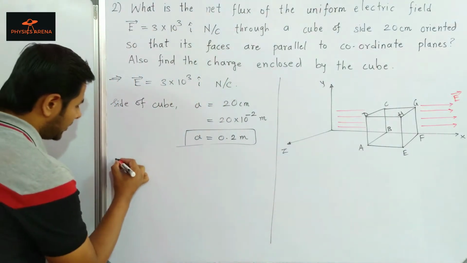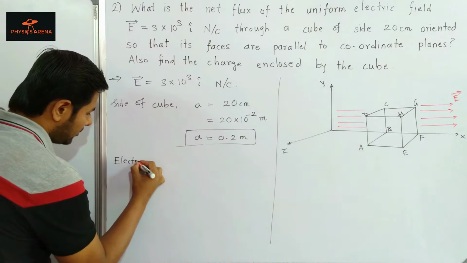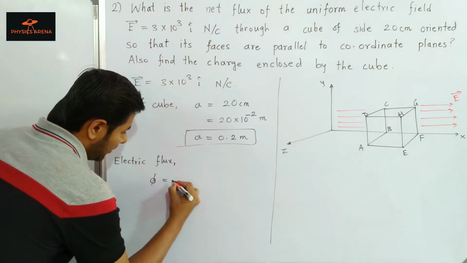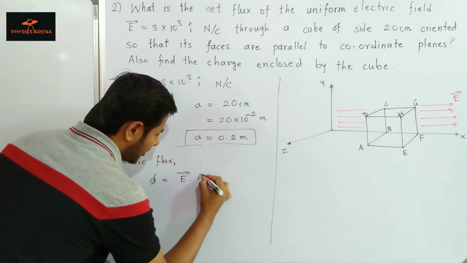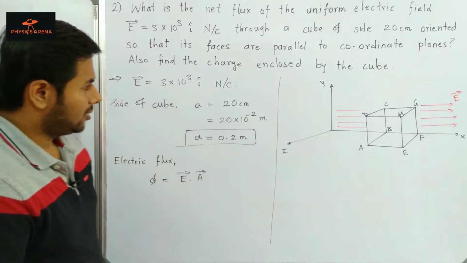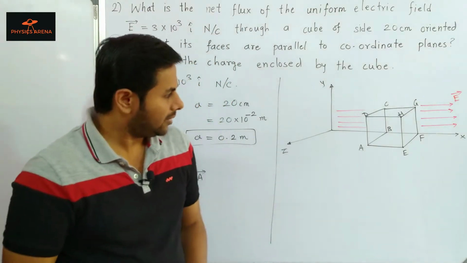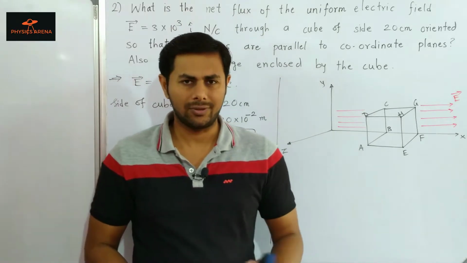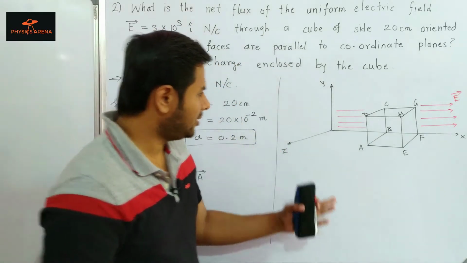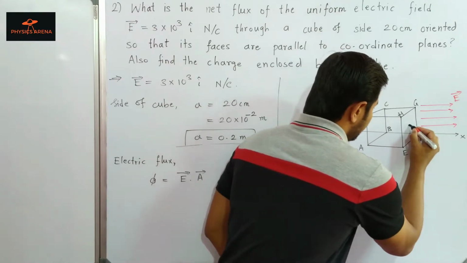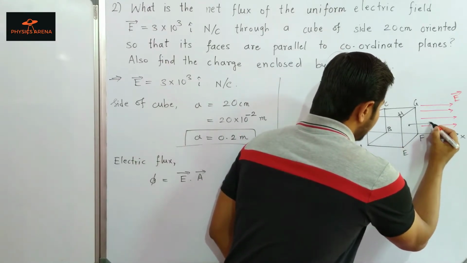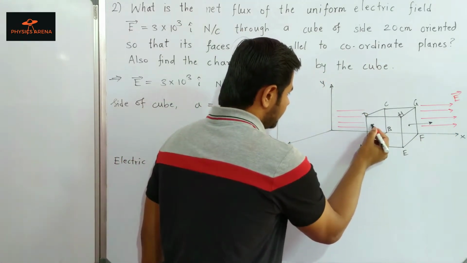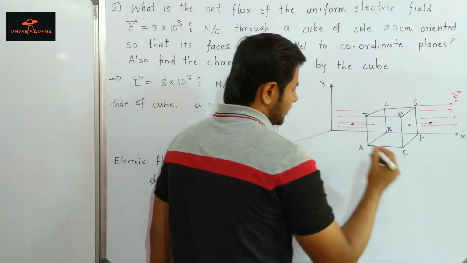Now we know that the electric flux phi is E bar dot A bar, and the area vector for a closed surface is the outward normal to the closed surface. So for this face, the area vector would be directed like this, and for this face it would be directed like this.